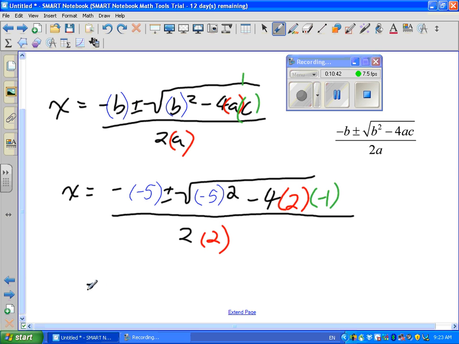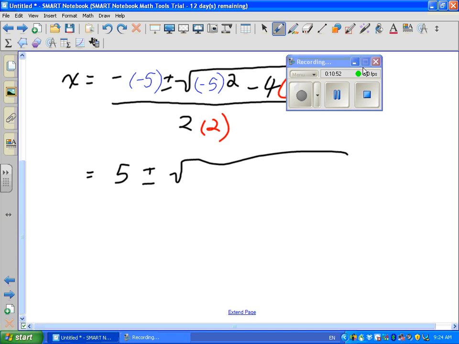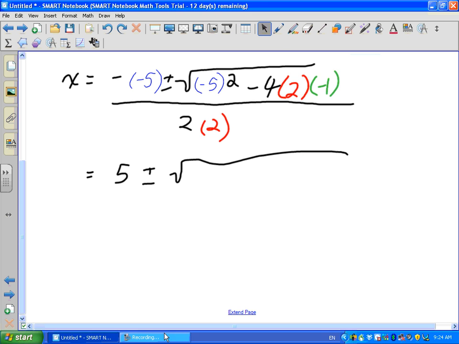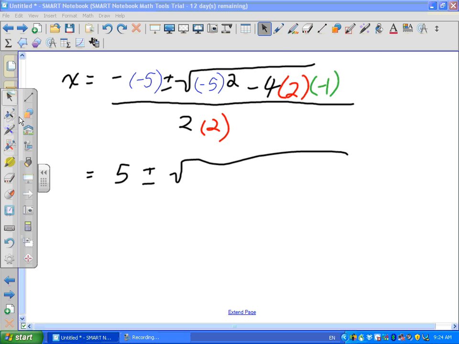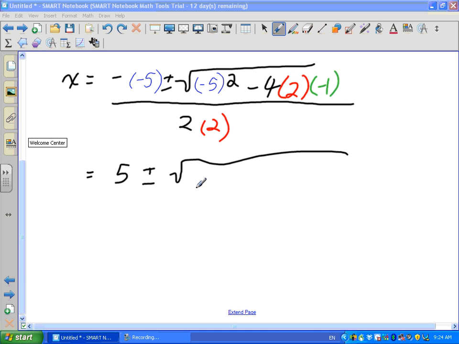Okay, so this says negative 5. In other words, that is positive 5. Plus or minus, negative 5 squared is going to be 25. Now this says negative 4 times 2, negative 8.